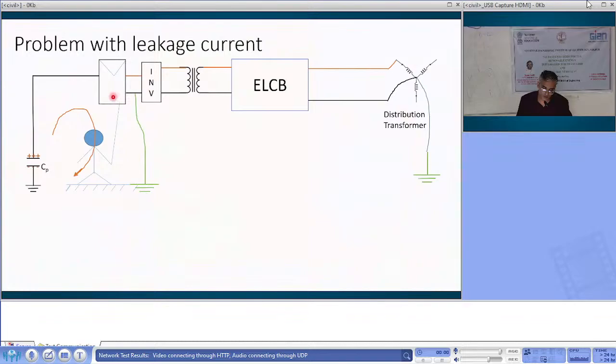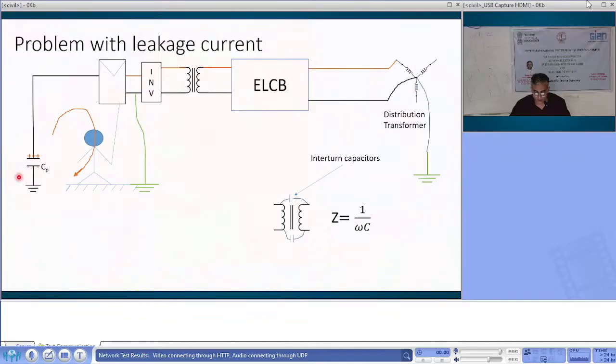Now if you are touching, the path is available, so it is already grounded. So this capacitance is already grounded. And again, as we discussed, there is an interturn capacitance, so there is no leakage current possible through the transformer.